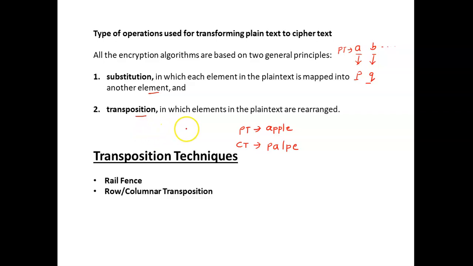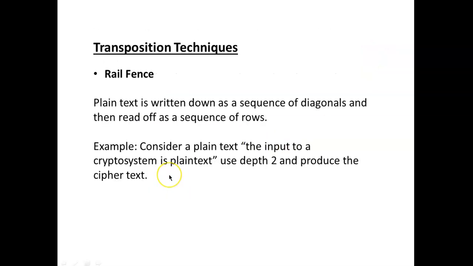Now there are different methodologies for rearranging the elements. There are two techniques used for transposition. The first one is the rail fence and the other is the row or columnar transposition. Today in this lecture we will see the rail fence technique. Rail fence is a transposition technique where we just rearrange the elements of a plain text.